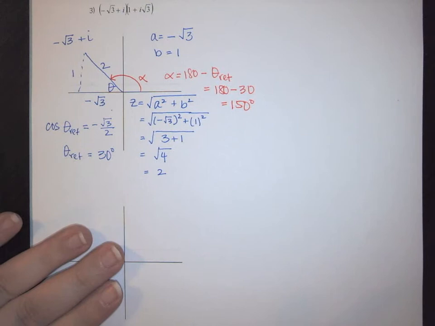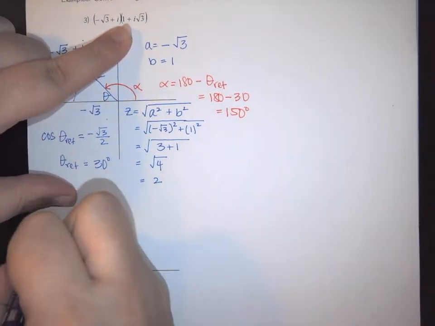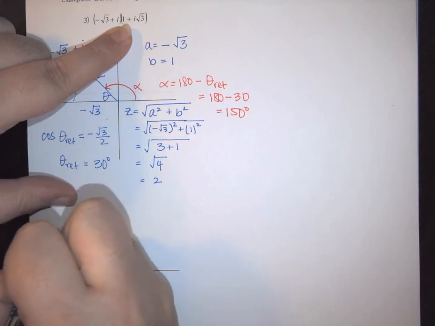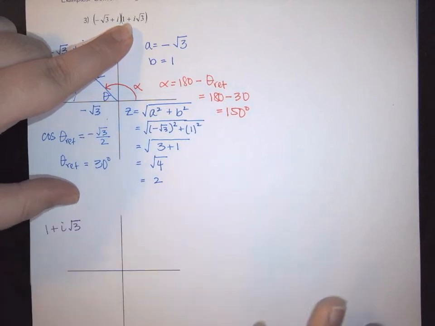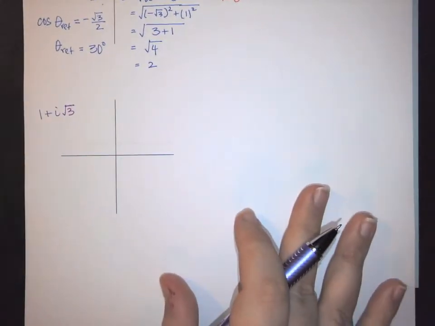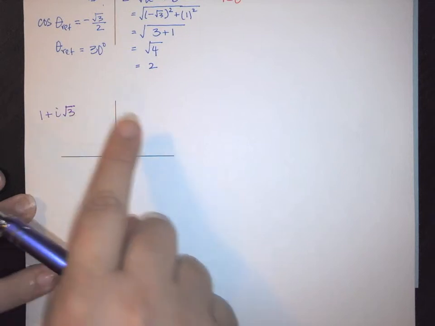We have to do our second triangle. You can see here my second triangle is going to be 1 plus i square root of 3. So we have to fill out that second one. Notice a and b are both positive, so that puts it here in our first quadrant.